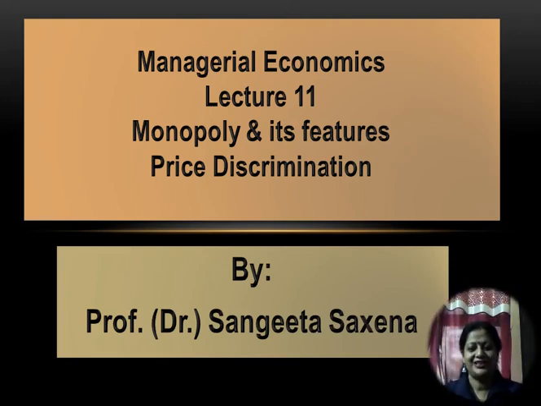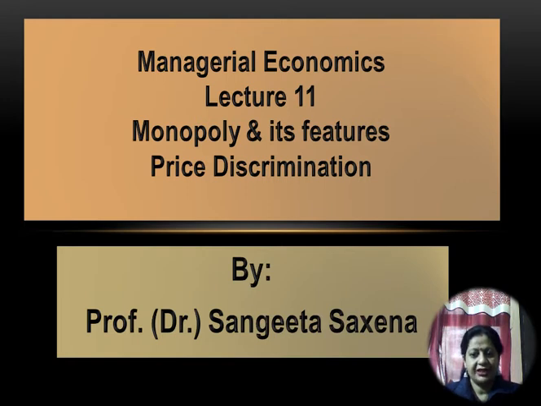Hi, good morning class. Welcome to the next lecture in continuation with the market structure. So this is lecture 11, and in this lecture we are going to discuss the next type of market structure.